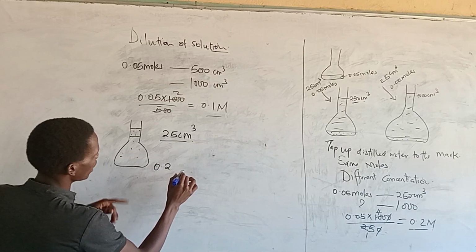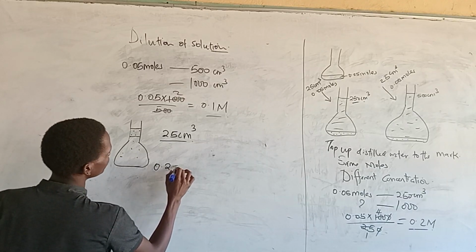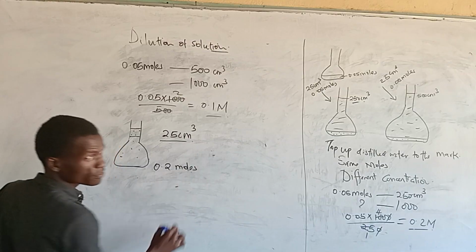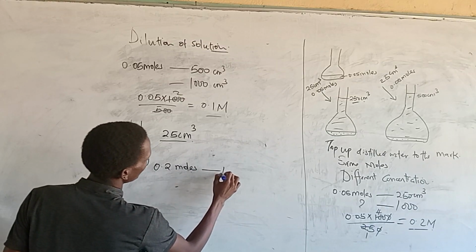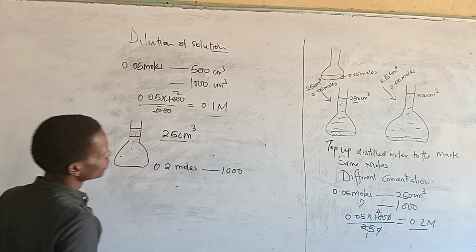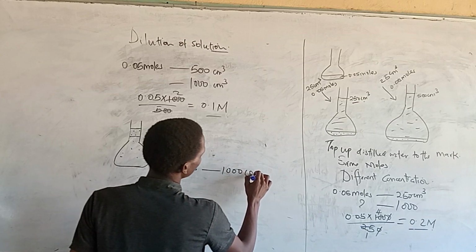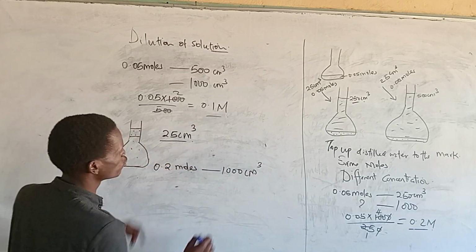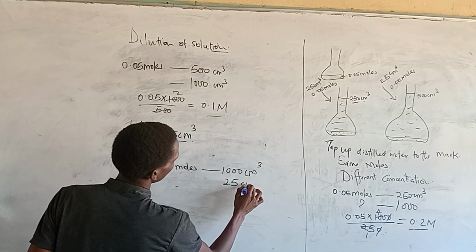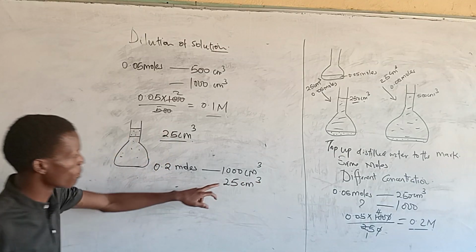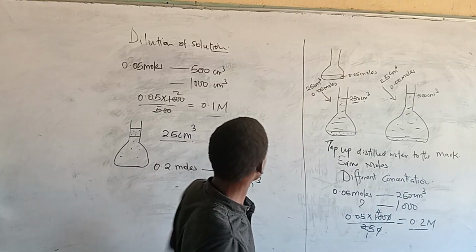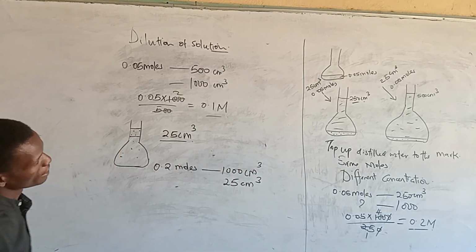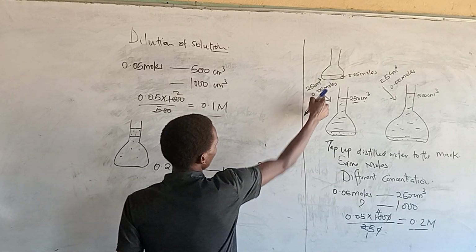We have 2 moles in this one, these are the moles that are in 1,000 centimeter cubed. But now you pick only 25, so you expect to pick a lower number of moles here.